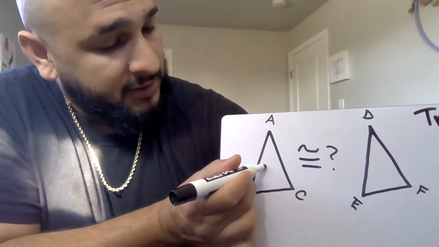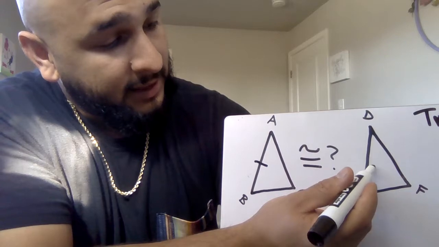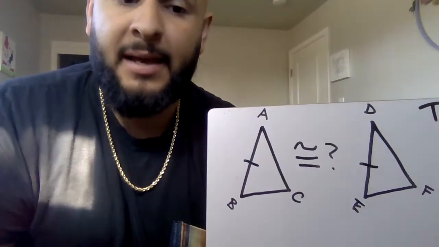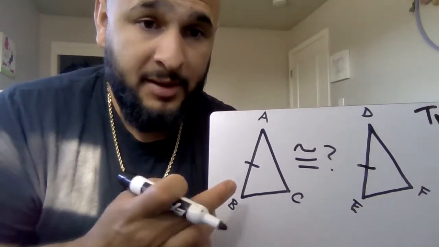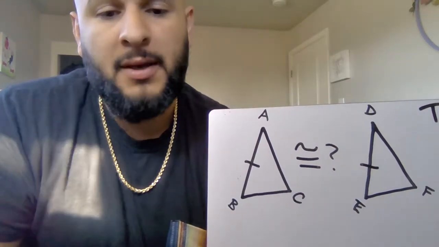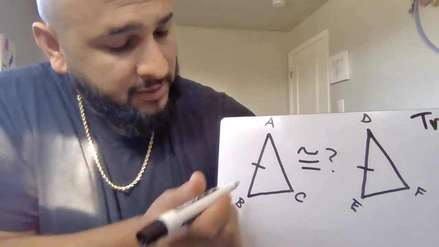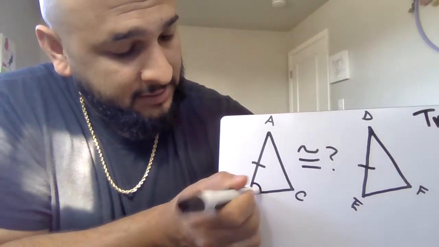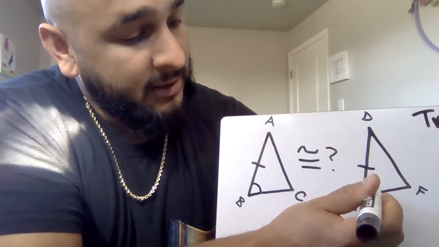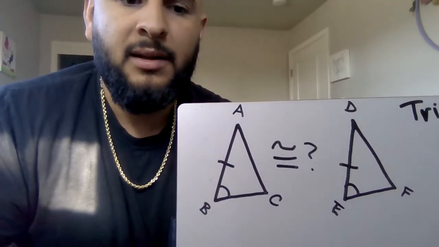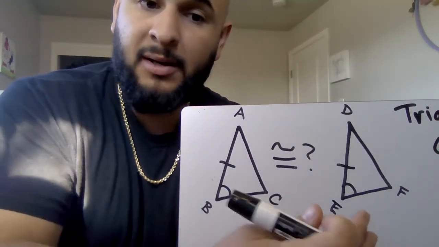So if I told you that this side and this side are the same size by giving them each one hash mark, I have some more information. I'm getting closer. Now, what if I told you that this angle here is the same as this angle here? They're in the same spot of the triangle.